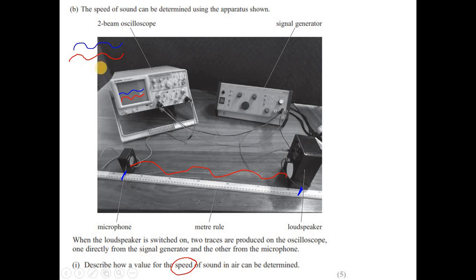So these are in phase, or you can imagine you adjust one and then the other, something like this. So they are in anti-phase. So you can adjust the position of the microphone and speaker so that initially both signals will either be in phase or out of phase, and you note down the distance from the meter rule.